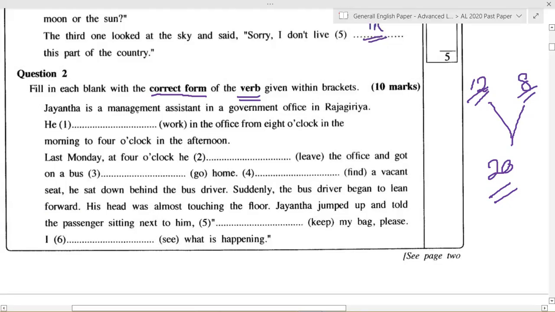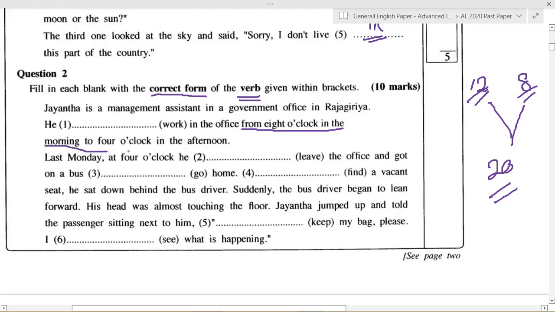Okay. Now, Jayanta is a management assistant in a government office in Rajagiriya. Now, he blank work in the office from 8 o'clock in the morning to 4 o'clock in the afternoon. This gives you a hint of his habitual activity.